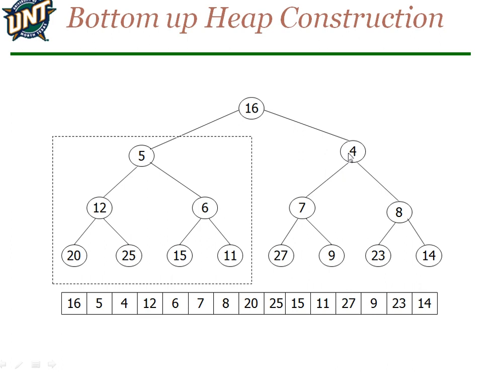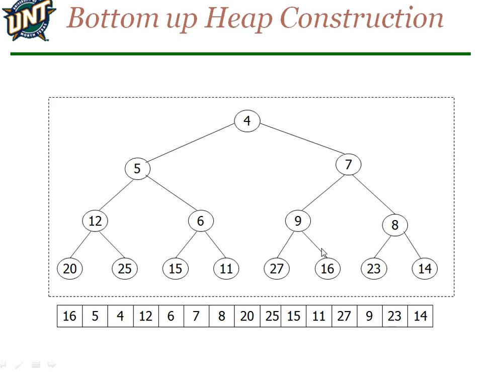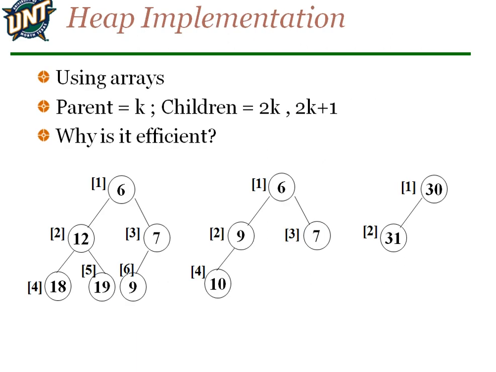So 16 will come here, 4 will go here. Then again this is unbalancing the tree, so 16 will be replaced with 7, right? And then again 16 will be replaced with 9. Hence the final structure is this. See, here we have 4, we have 7, 9, and then 16. Okay, I hope you have understood this point.